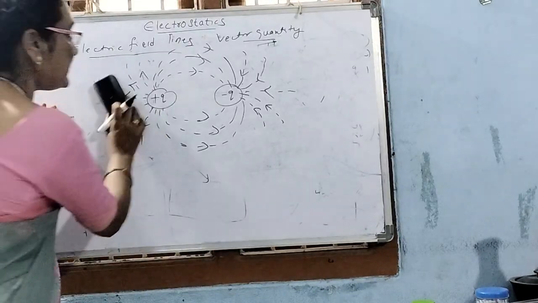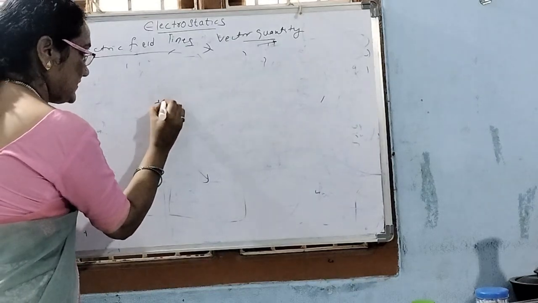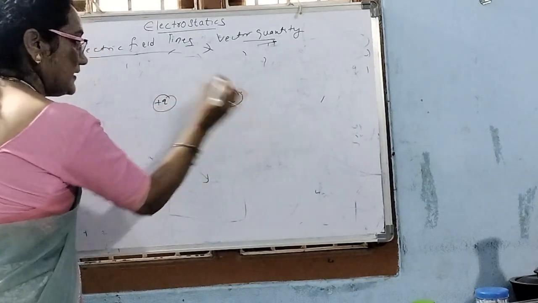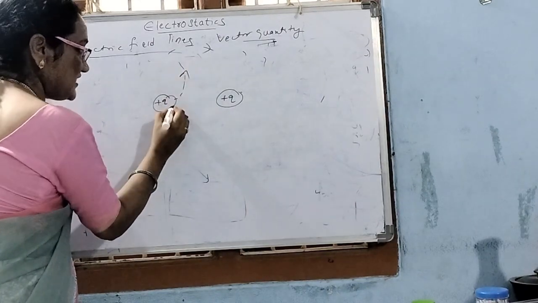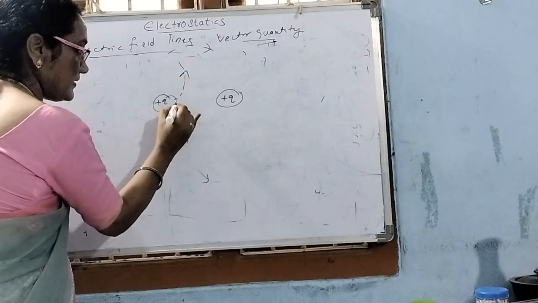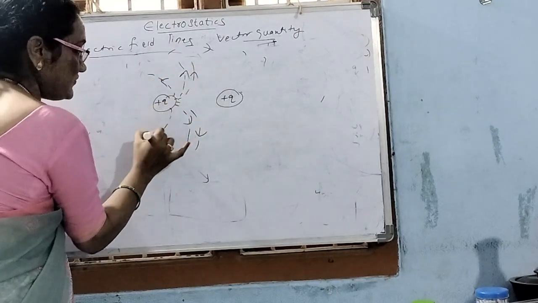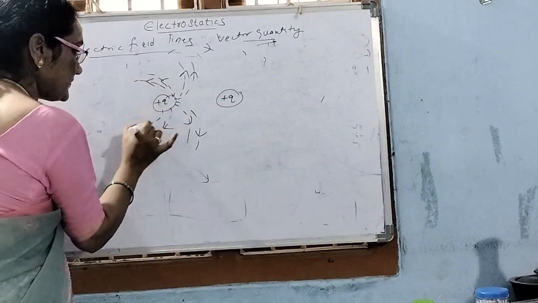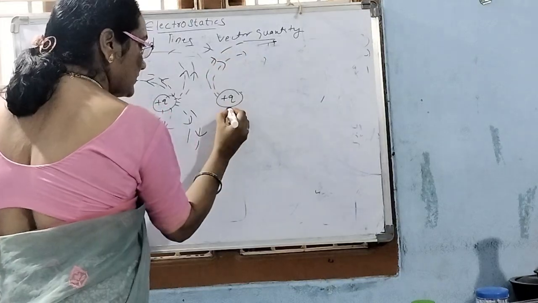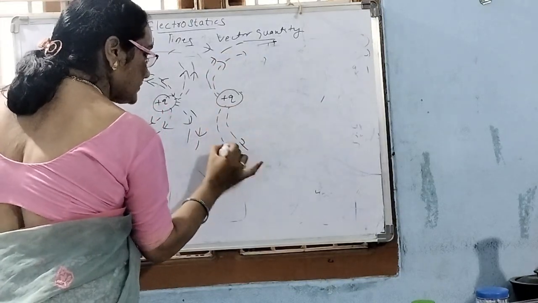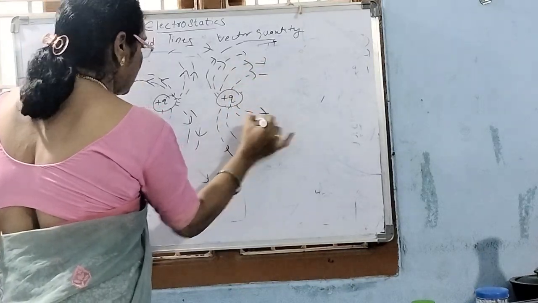Similarly, if we take like charges, what happens? A repulsion will be there. So, flux lines form such a pattern.